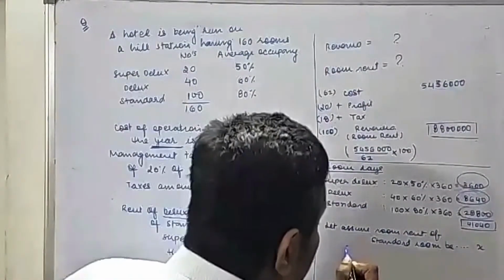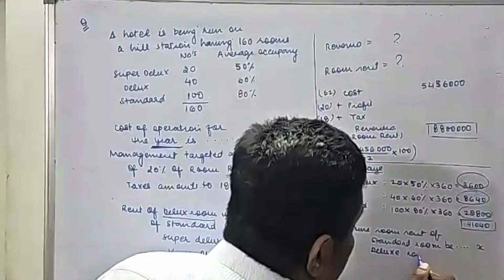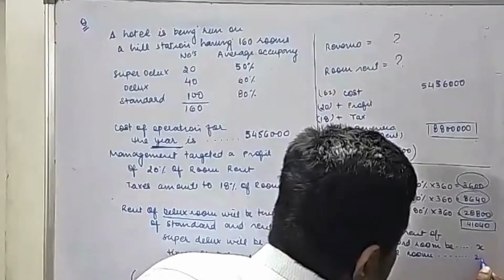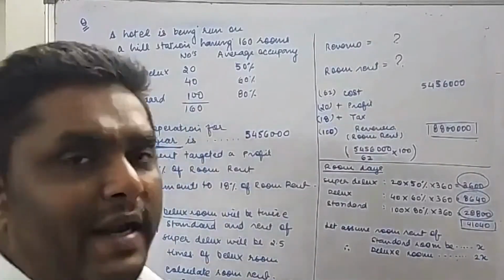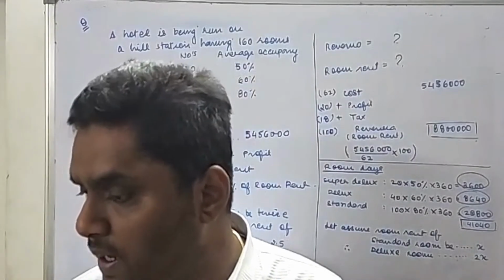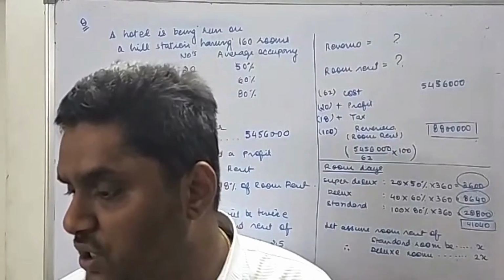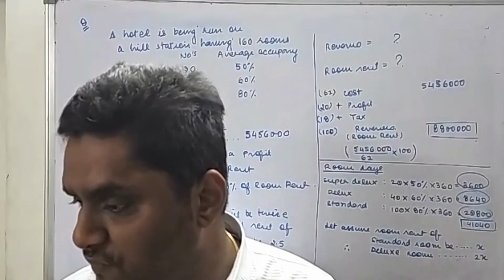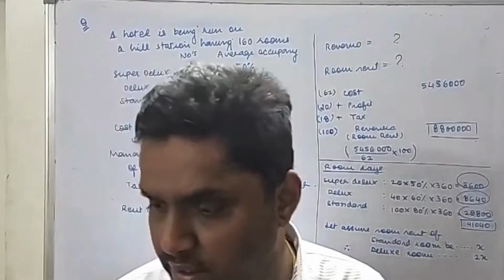So therefore, for deluxe room, it will be how much? 2x. If the rent of standard room is X, okay, let me check. There are few. Rati Malini, I'm not sure your answer is correct. Anjali Kashyap, let me check. Apurva, let me check. I've got answer from Shweta, Nitin, Manvi. Let me check, guys.